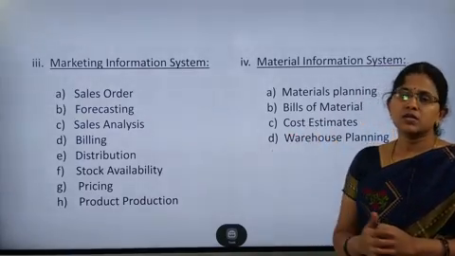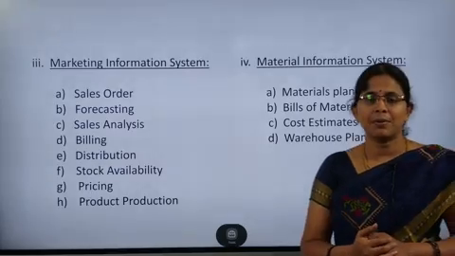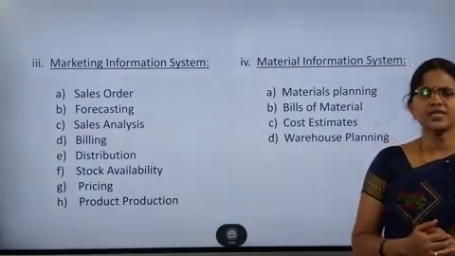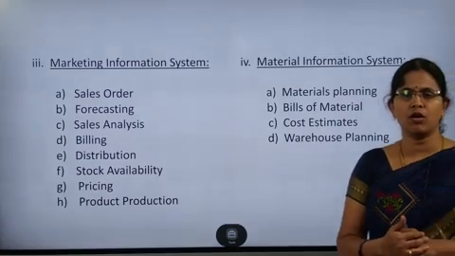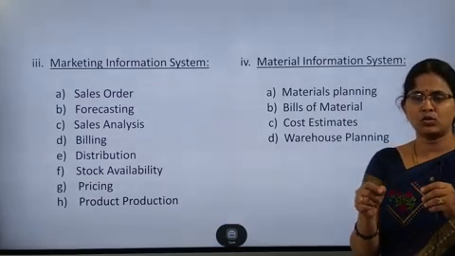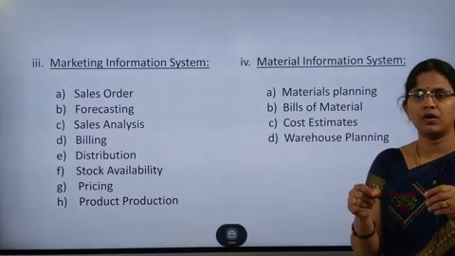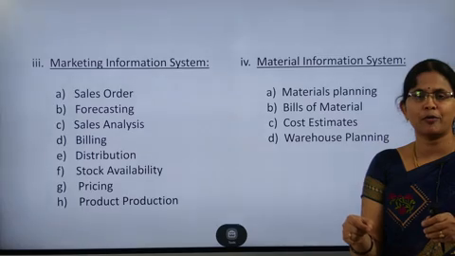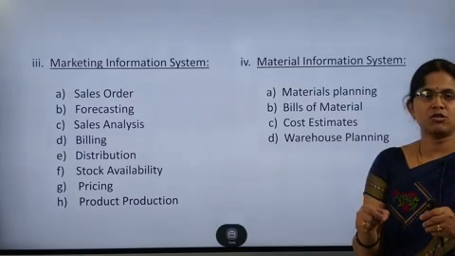And billing. In small hypermarts and supermarkets, you can see how the billing mechanism goes on. They use a barcode and scan that barcode. By scanning the barcode, they will get all the details of the product on the screen and the price also.